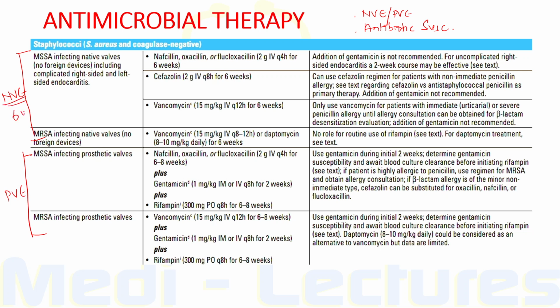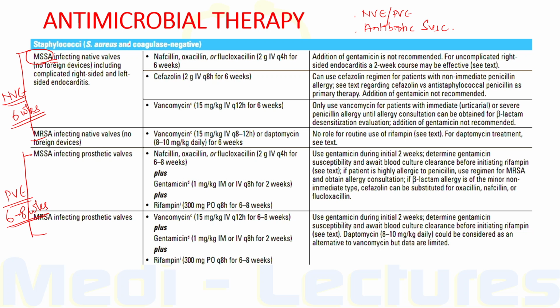It is to be kept in mind that native valve endocarditis should be treated for 6 weeks for both MSSA as well as MRSA, while prosthetic valve endocarditis is usually treated for 6 to 8 weeks for both MSSA as well as MRSA.